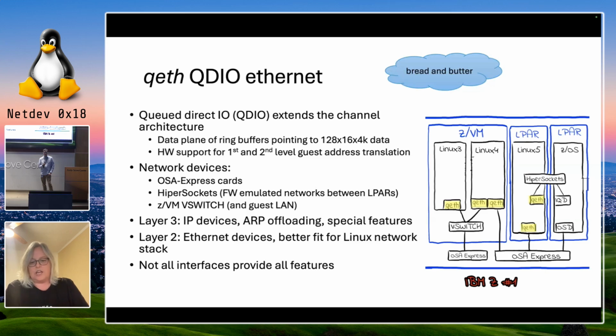So this QETH, what does it mean? It's short for QDIO Ethernet. And QDIO is short for Queued Direct I/O. So that is just the architecture definition that for networks and for FCP it's used as well. We use an interface that is based on queues. Well, big surprise. Ring buffers pointing to data buffers, just normal queues, which makes a lot of sense for a network card.